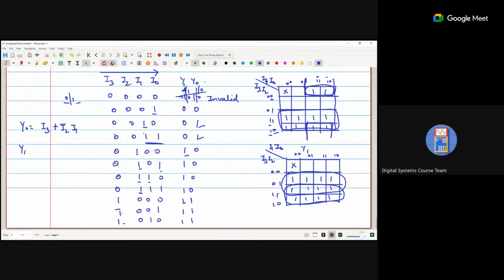So y1 is what? If I am talking about this group, I2 is constant and the value is 1, plus for this group I3 is constant and the value is 1. Okay, so this is the value of y0 and y1. So that is basically the priority encoder.